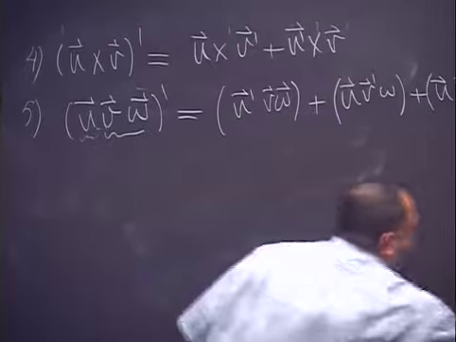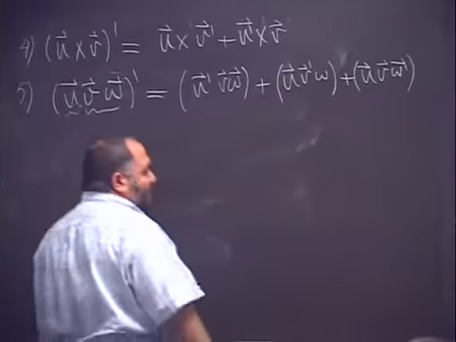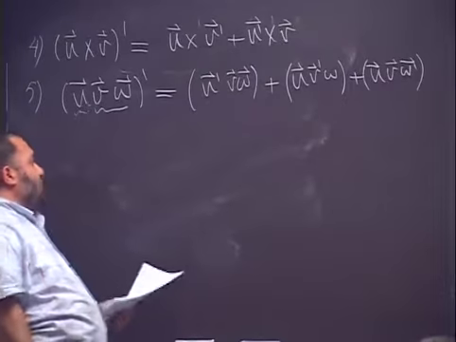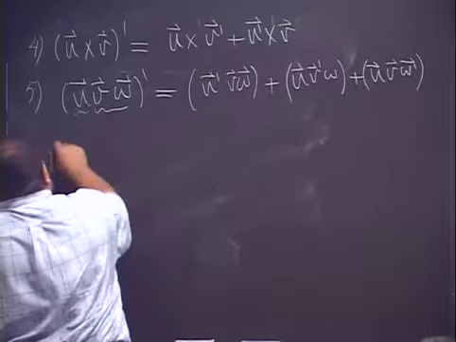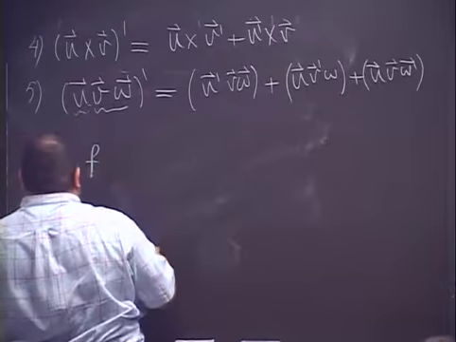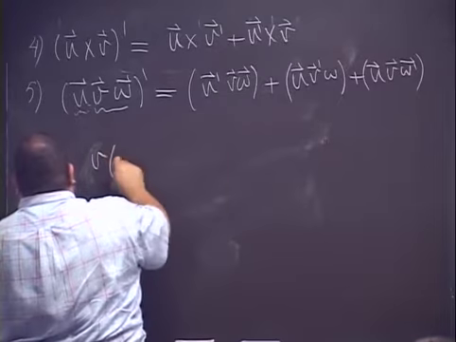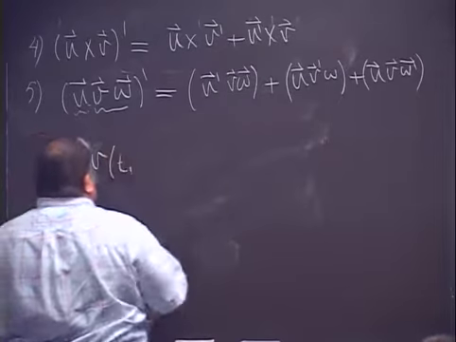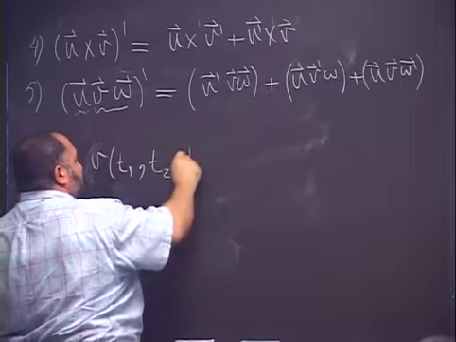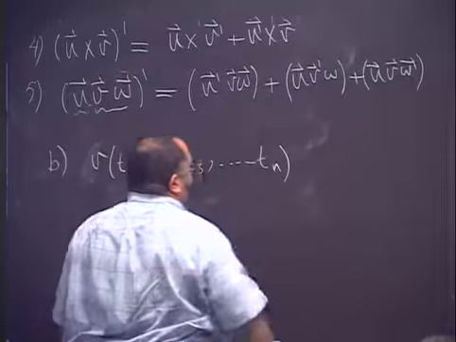So we defined the situation when we have a single variable function. What if we have a function v of several variables, t1, t2, t3 up to tn?